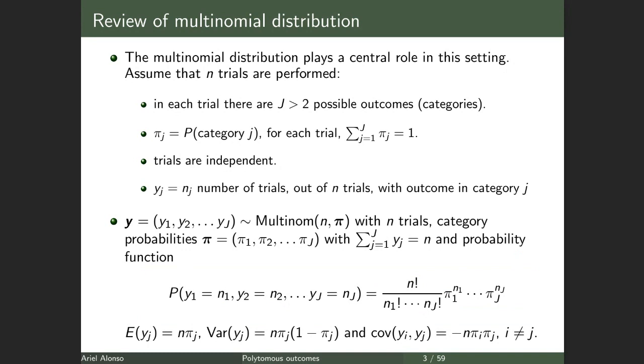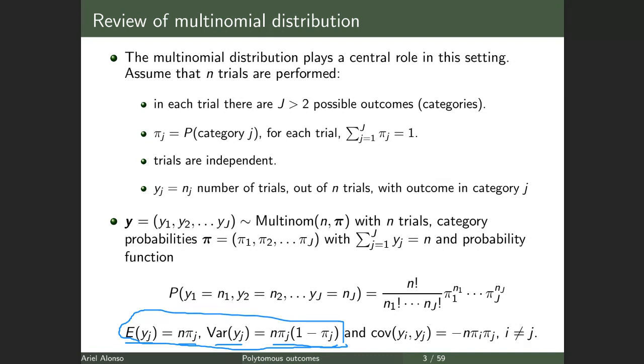Now, you can show that for each component of this vector y, the expected value of yj is n times pi j, and the variance of yj is n times pi j times 1 minus pi j. You can see that this is a little bit the same as for the binomial distribution, because basically you can think about each of these events, for instance y1, as the outcome 1 happens, yes or no. So you can think about them to a certain degree as a binomial distribution.